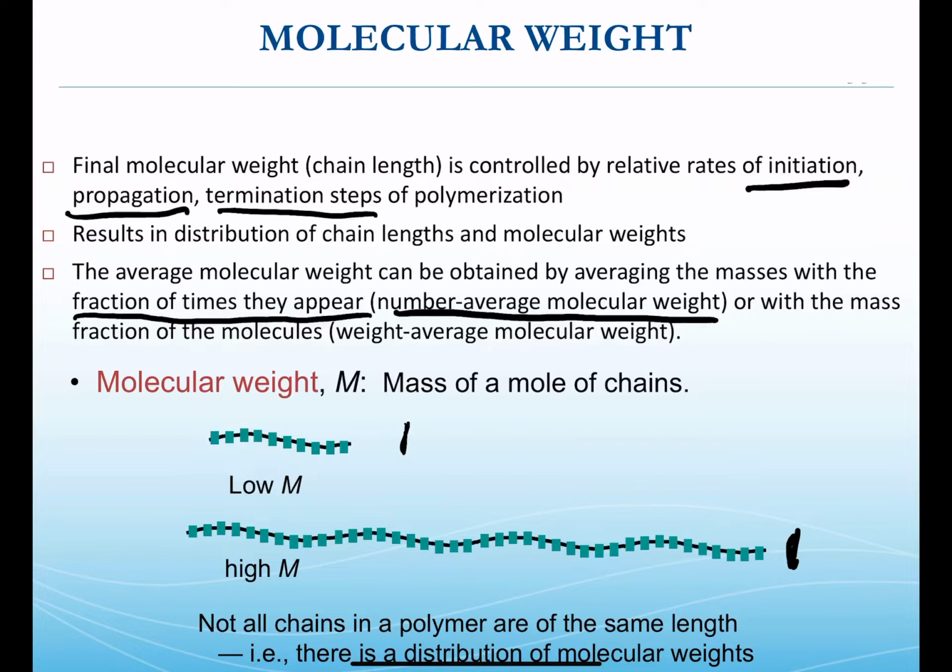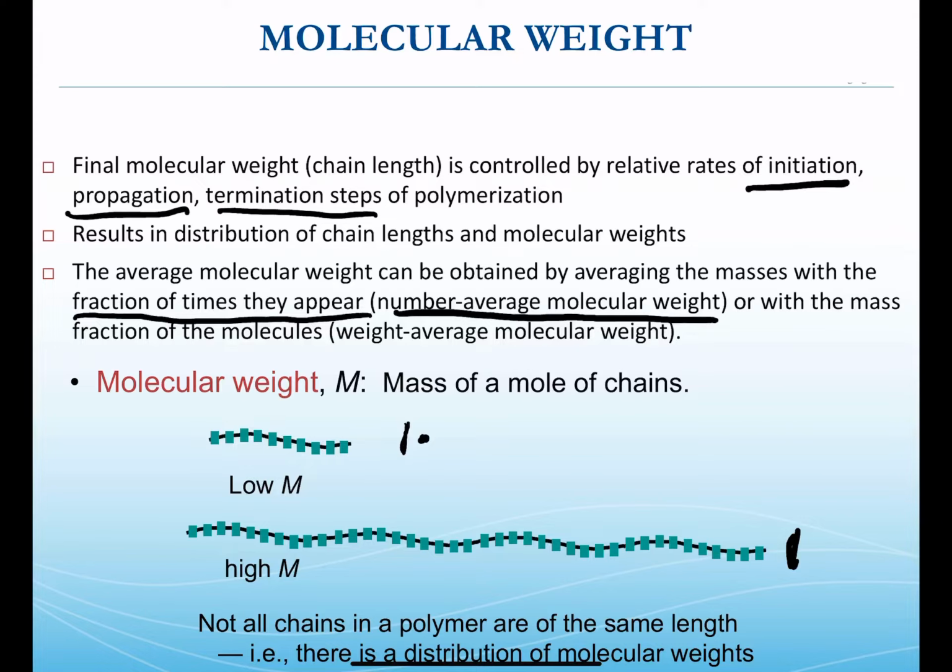The 1 over the total of 2 that we see on screen would be the number fraction for the low molecular weight. And likewise, a 1 over total of 2 for the high molecular weight would be the number fraction there. So that's one idea that's built into the number average molecular weight approach. Or we can do something similar with a mass fraction, where we use that idea but instead weight it according to the mass of the chain. So we would take the mass of this chain multiplied by the number of the chains present and divide through by the overall mass of the sample.